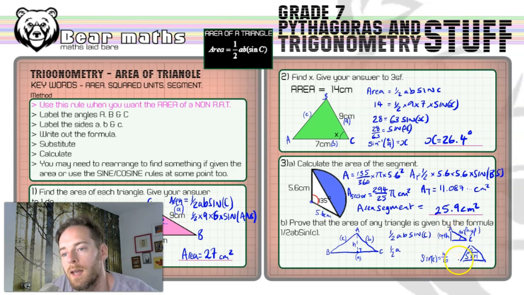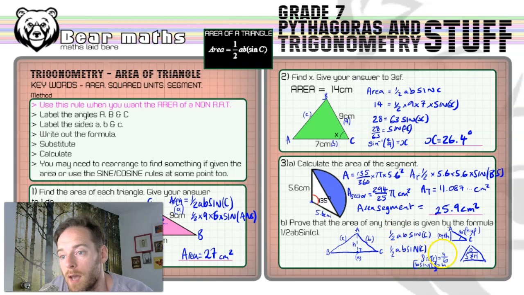Alright, and then what we can do is rearrange it very simply by multiplying both sides by B. So what we end up with is B sine C equals H. Okay, and we can substitute that into our formula. So half A B sine C is what we end up with. That bit gets put in, and that would be just half the base times the height.